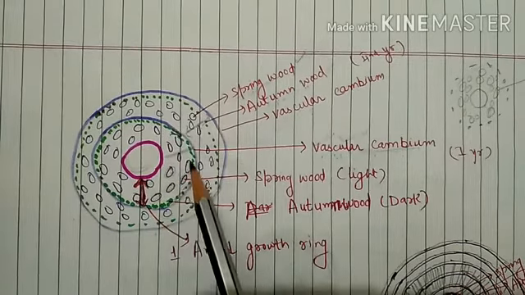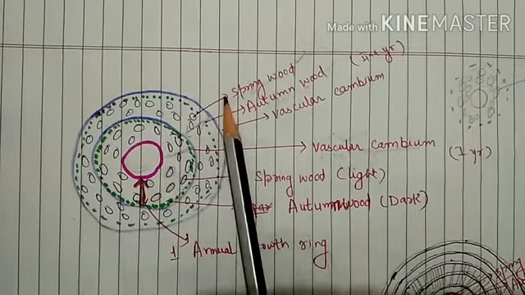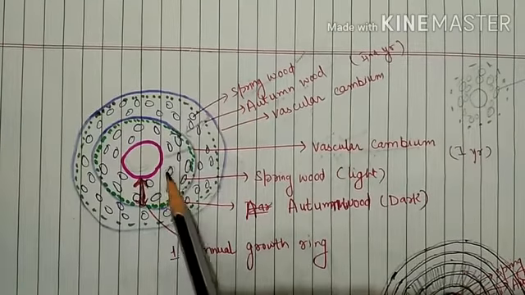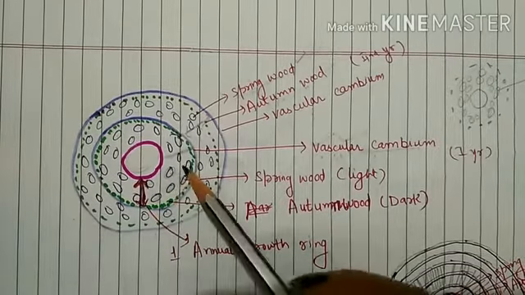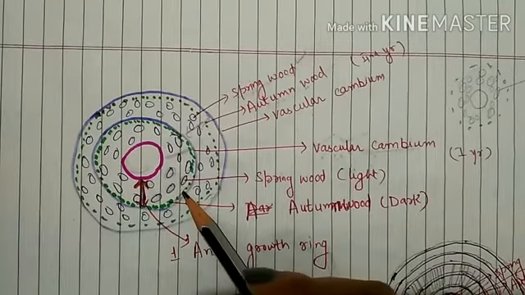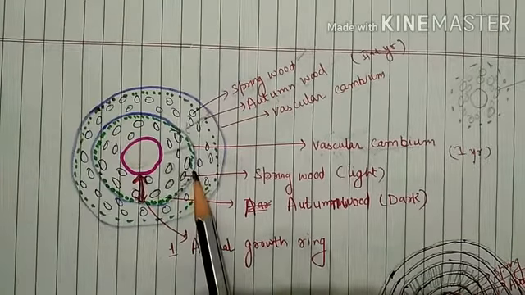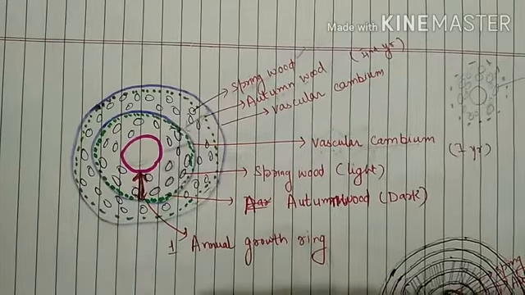The vessels which are formed in spring season, in the early season, are larger and wider. However, the xylem vessels which are formed during the late season show narrower elements.